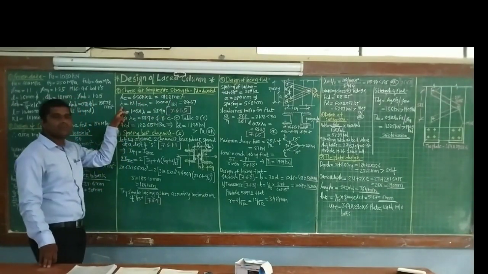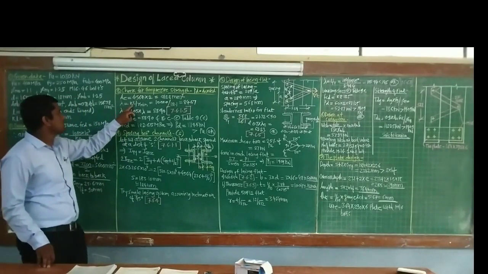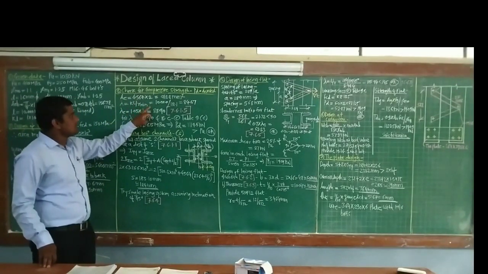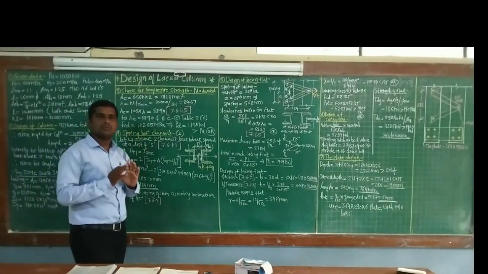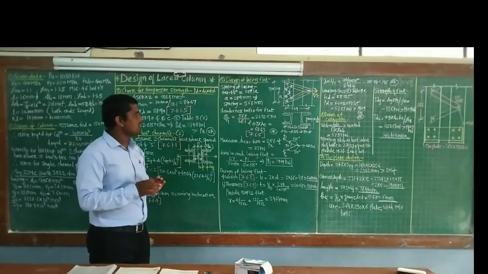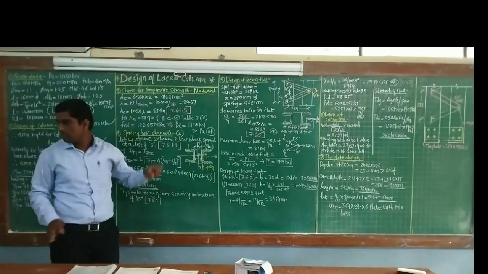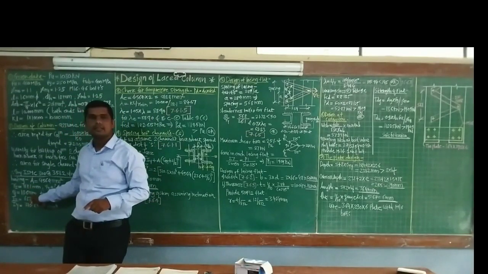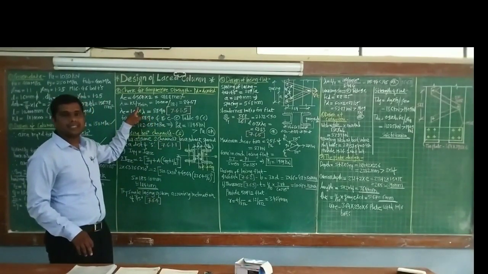Therefore we find the slenderness ratio, lambda equal to KL over r minimum. In this numerical we are going to learn some very important things. Always we take the radius of gyration as the minimum of r_z and r_yy, because we want lambda to be the maximum.